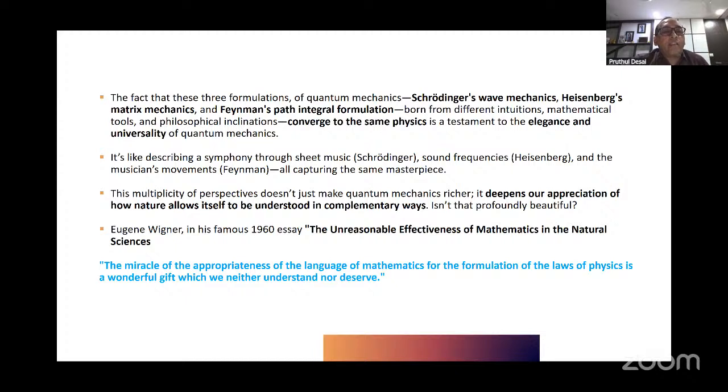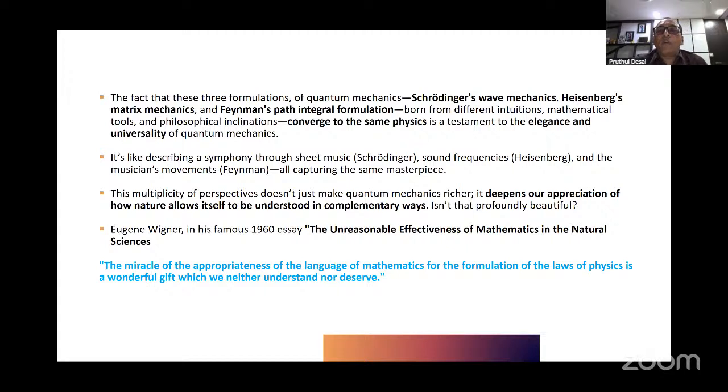It's like describing a symphony through sheet music, Schrodinger; sound frequencies, Heisenberg; and the musician's movements, Feynman; all capturing the same masterpiece. This multiplicity of perspectives doesn't just make quantum mechanics richer, it deepens our appreciation of how nature allows itself to be understood in complementary ways.